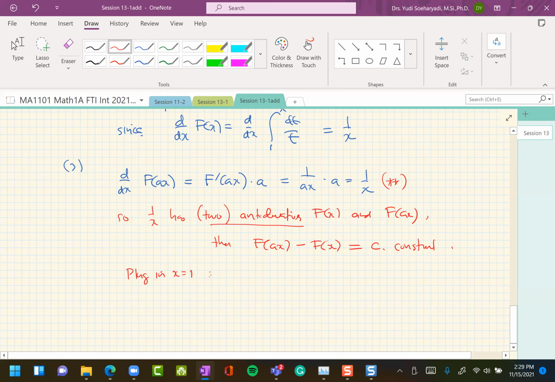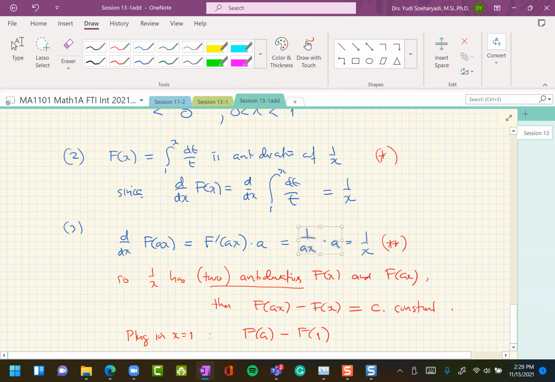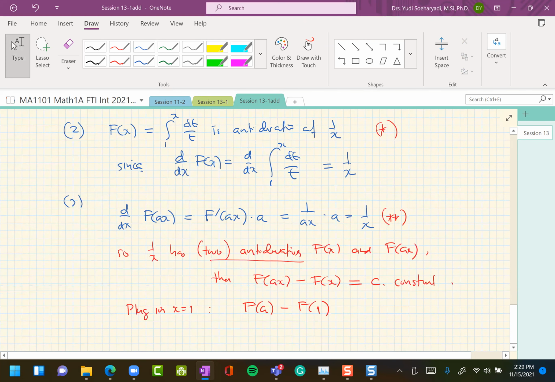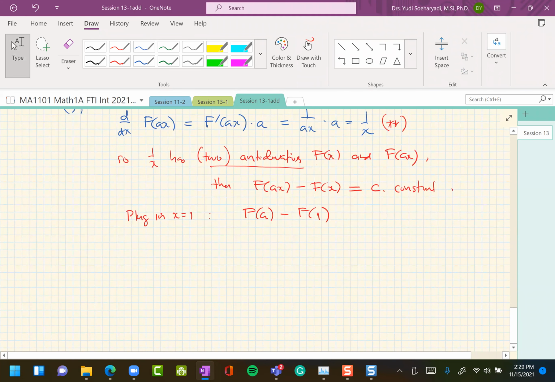So what you get is f of a minus f of 1, and we know f of 1 is 0 because the area between 1 and 1 must be 0.